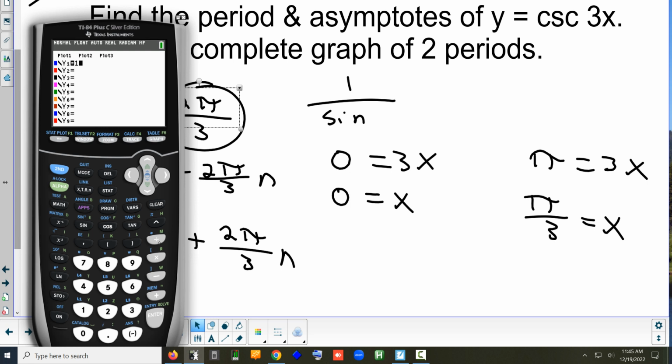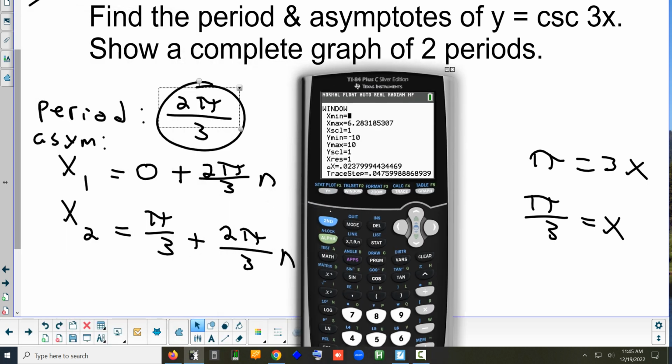Yeah, 1 divided by sine 3x. Now, how many cycles do they want me to show? 2, so two periods. And that means my screen has to have a width of 4 pi? No, just 2 pi.